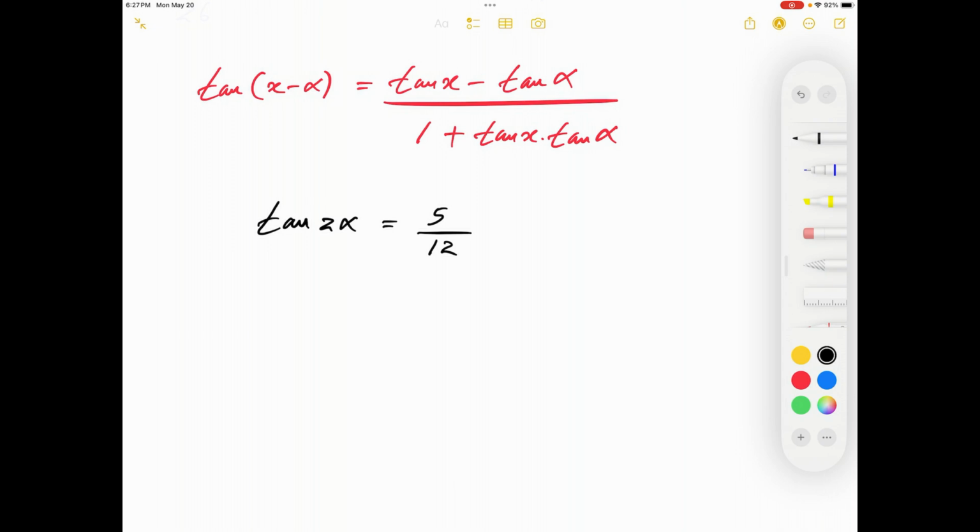We know that tangent 2A is equal to 2 tangent A divided by 1 minus tangent squared A. By applying that identity here with A equals alpha, we have on the numerator 2 tangent alpha divided by, in the denominator, 1 minus tangent squared alpha. All that should be equal to 5 over 12.